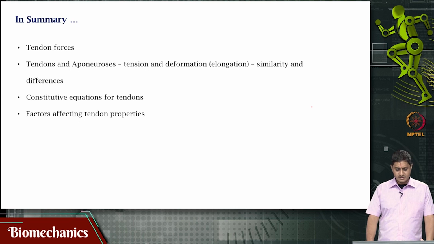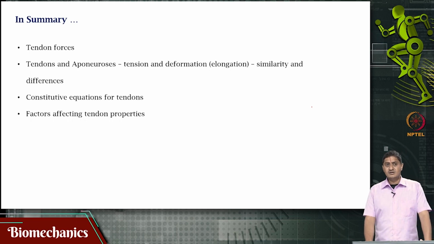And we saw the similarities and differences between tendons and aponeurosis in terms of tension and deformation, what constitutive equations we use for tendons, and what factors affect the mechanical properties of tendons. We looked at aging, we looked at disuse, we looked at gender, and we looked at exercise.